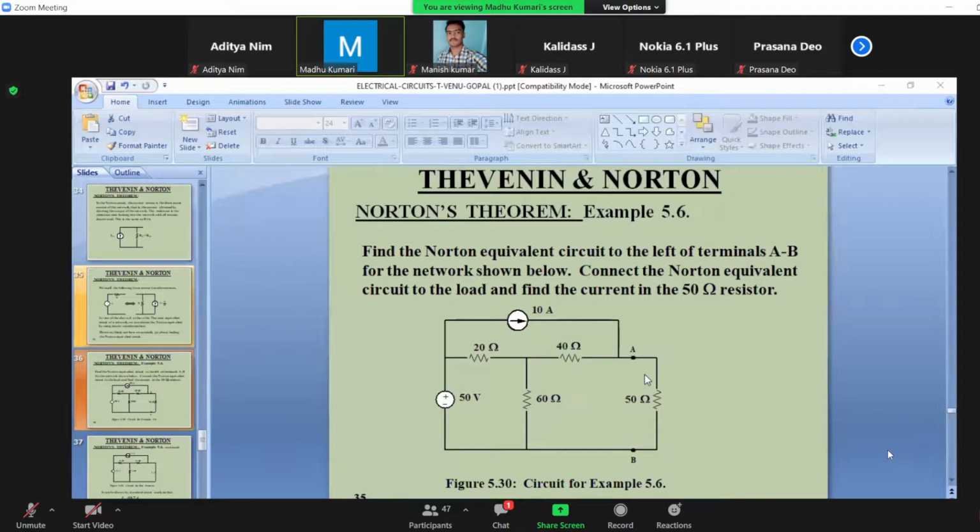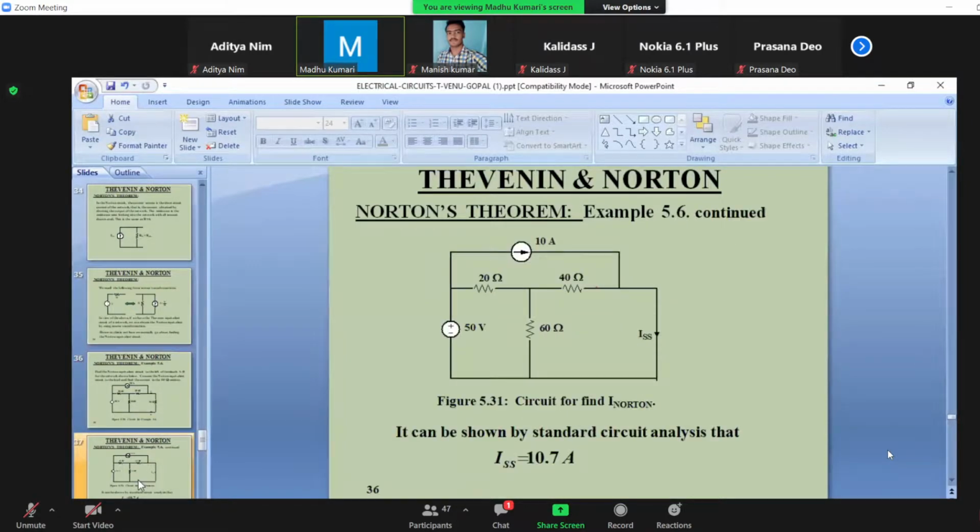Since it is said that it is the load resistance and you have to calculate across the terminal AB, you will have to disconnect this resistance, and this will be shorted. Then you have to find out the short circuit current.